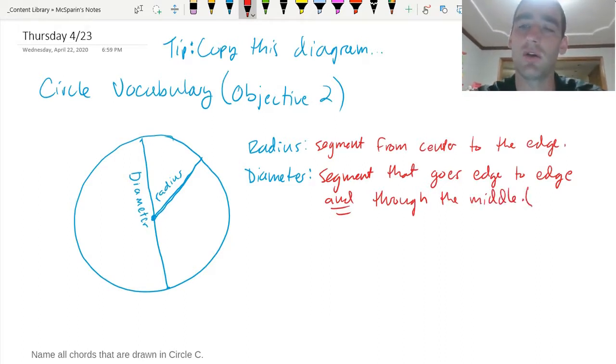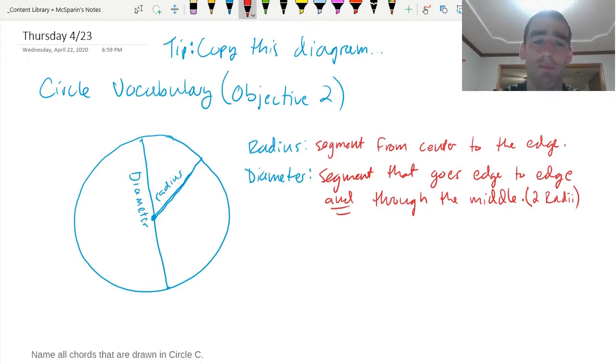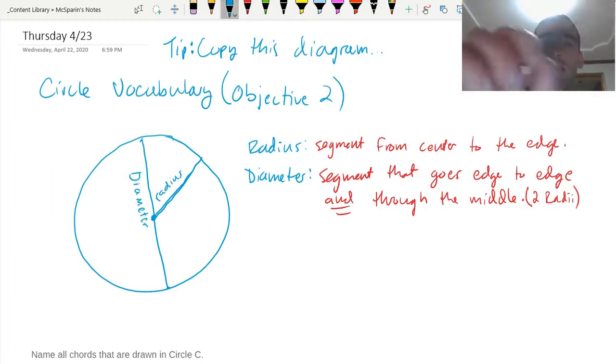And it is also 2 radii. So notice that if I drew a radius one way and a radius the other, I would make a diameter. Okay, those guys, we should know those. Those are pretty simple, right? I'm not even going to say circumference because you guys know circumference.